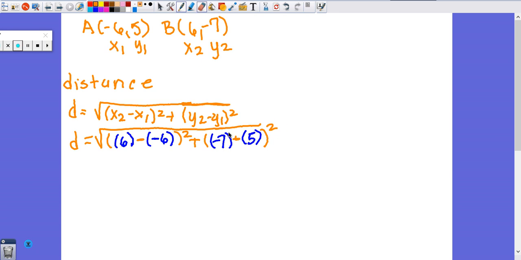And let me make this look like a minus and not a plus. Minus. Okay, so now you go and do the math. So grab your calculator and put in exactly what you see.